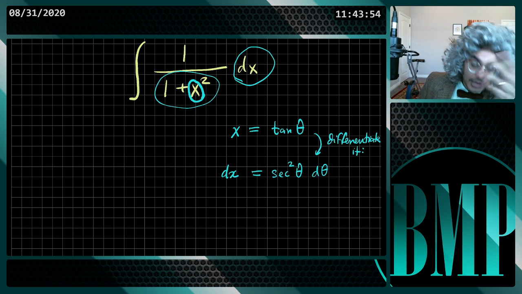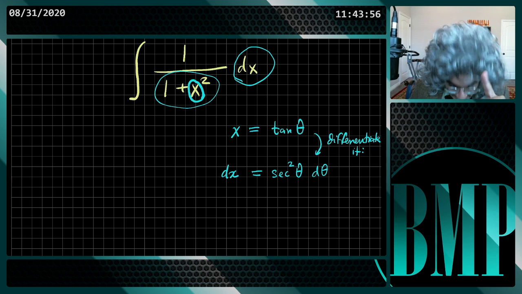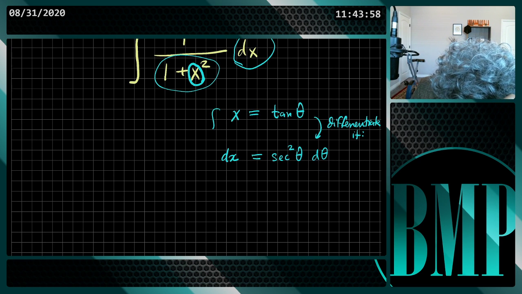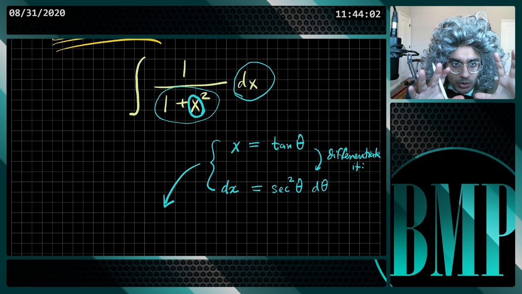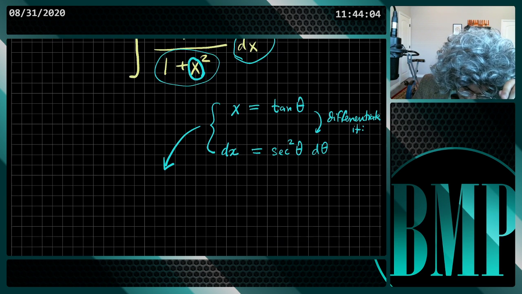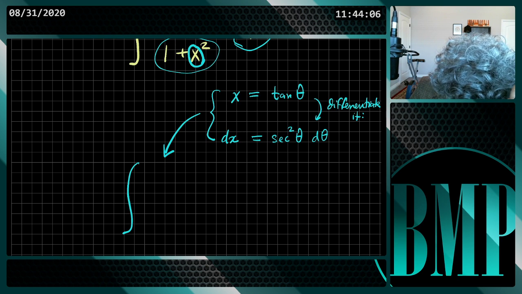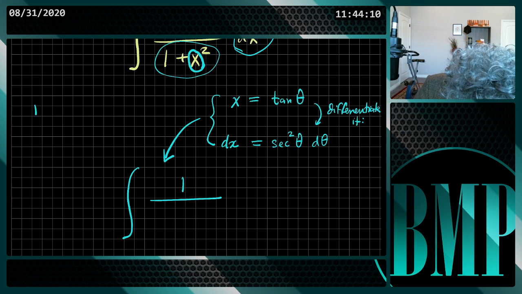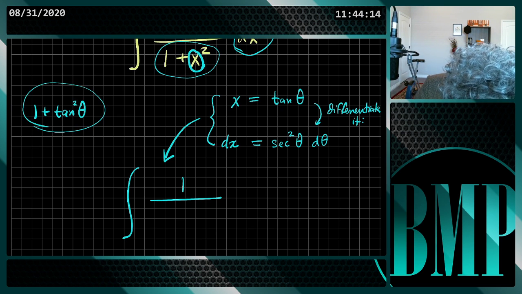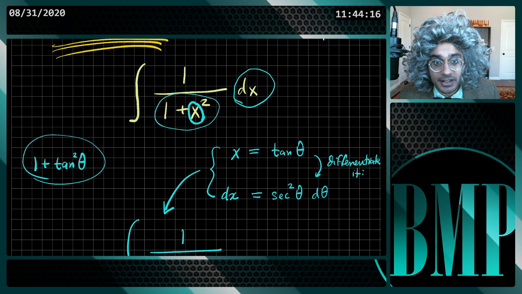Okay, here we go. Now execute this substitution. You're going to trade everything away for thetas. 1 is 1. Now, 1 plus tangent squared theta is what you'd get in the denominator.